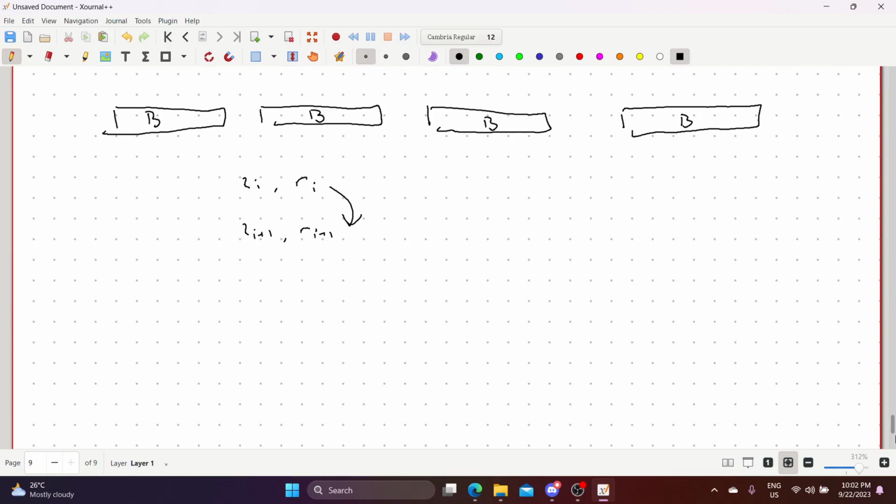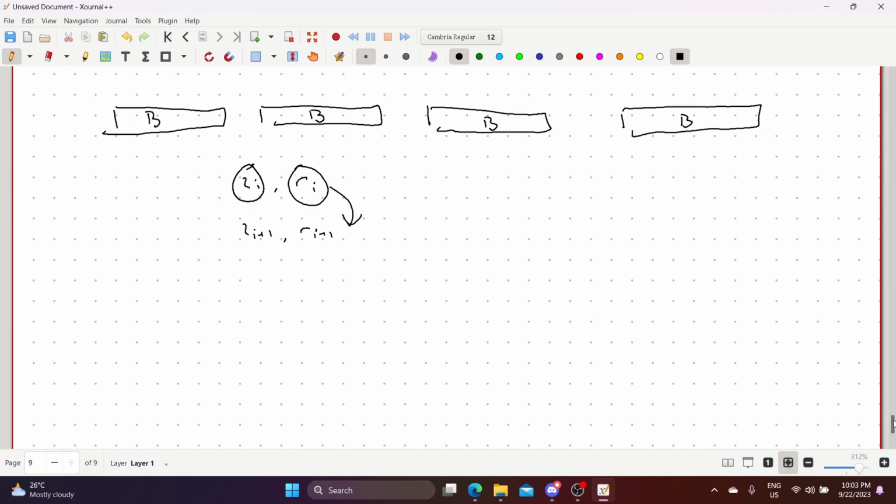So in order to do that, we sort the queries based on which bucket the left endpoint is in. Then if they belong to the same bucket, we sort by increasing right endpoint. The reason we do this is, let's suppose all of the queries have their left endpoint in the same bucket. This is the second case, where they belong to the same bucket and we sort by increasing right endpoint.